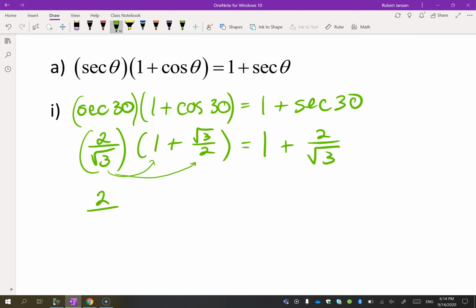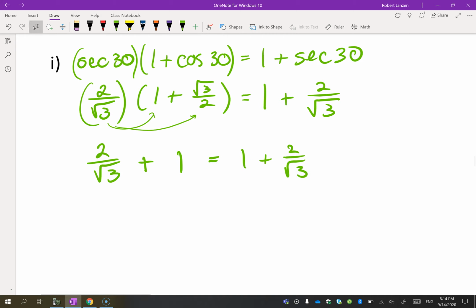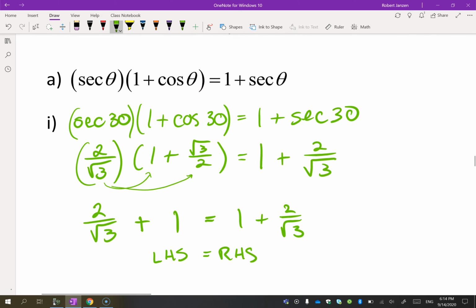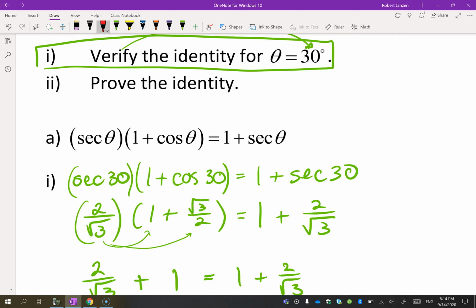So you get 2 root 3 plus, what's 2 over root 3 times root 3 over 2? Can you see that that's going to be 1? So this is 1. And now you can see that the left-hand side equals the right-hand side. And so there, it's true. We verified.